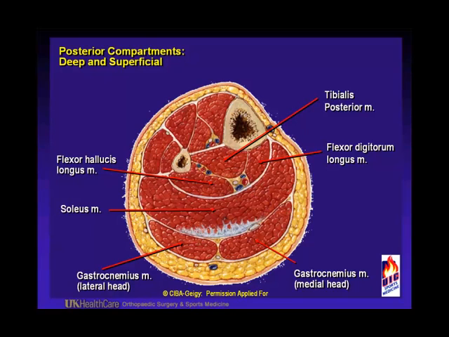Superficial compartments, soleus and gastroc, medial and lateral head. There can be another compartment described, deep medial. Again, releases for chronic exertional compartment syndrome are not as favorable in posterior compartment syndrome as opposed to the anterior compartments.